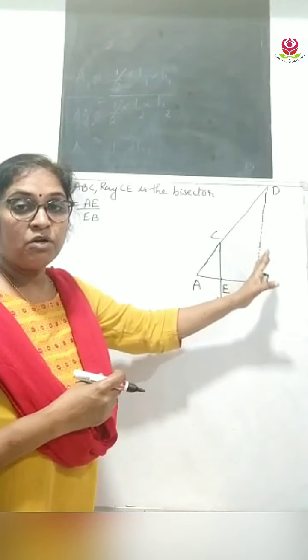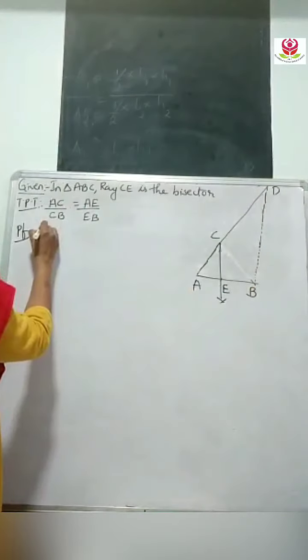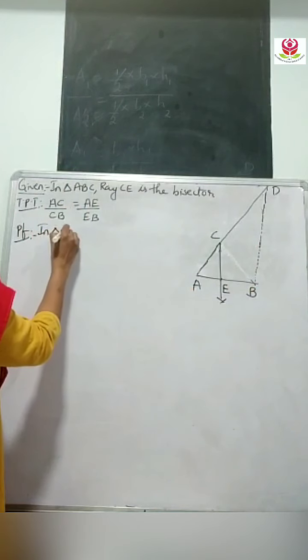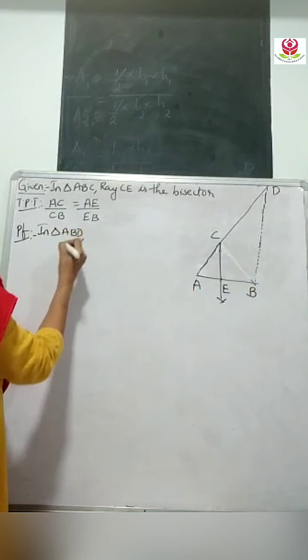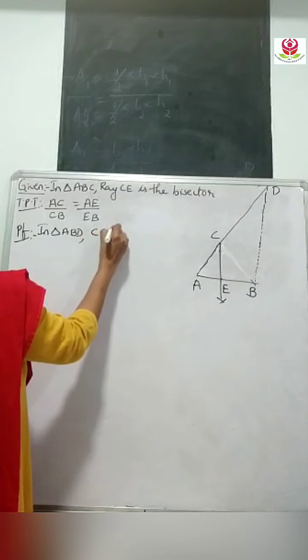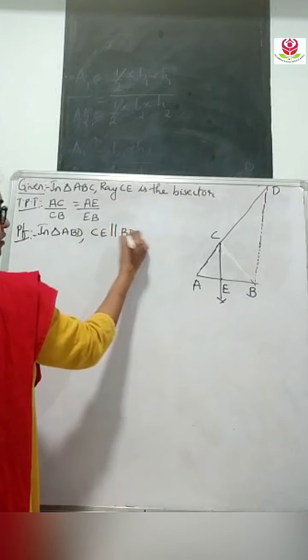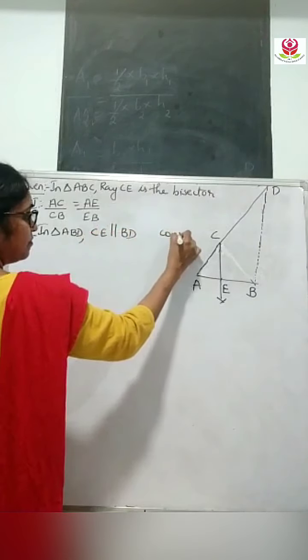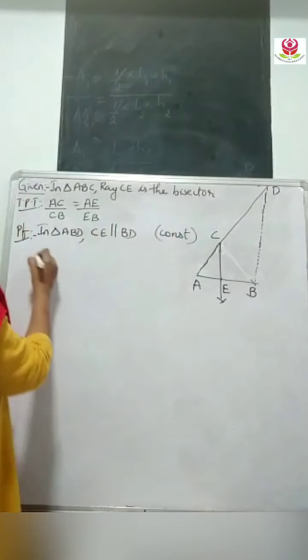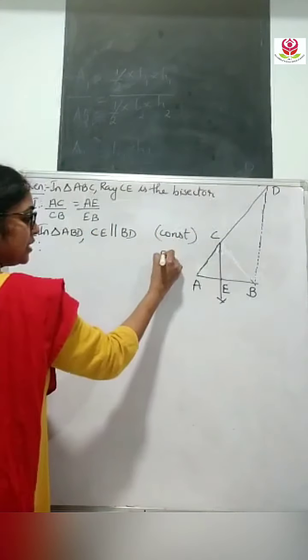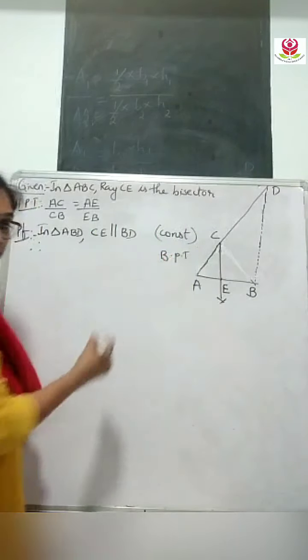So that is what we are going to start with. You can see that in triangle ABD, since CE is parallel to BD, reason is by construction, therefore you can use your basic proportionality theorem.